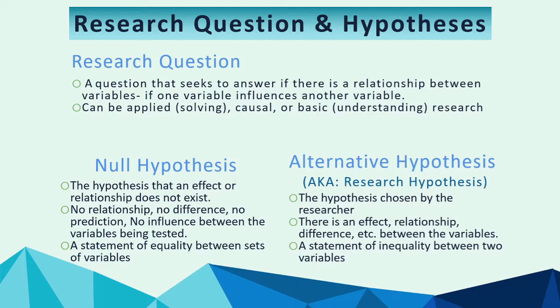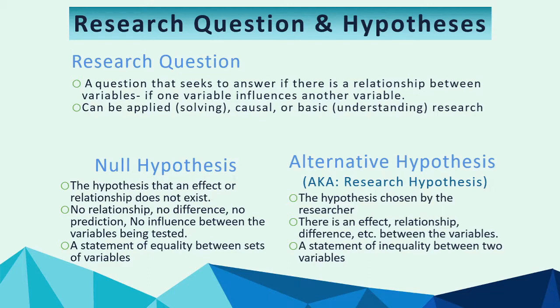Now, an alternative, also known as a research hypothesis, is going to say that something is happening between the two variables. And you could say that quite possibly the more TV that someone watches, the better the grades they're going to get. Or you could say the more TV that someone watches, the worse grades they're going to get.